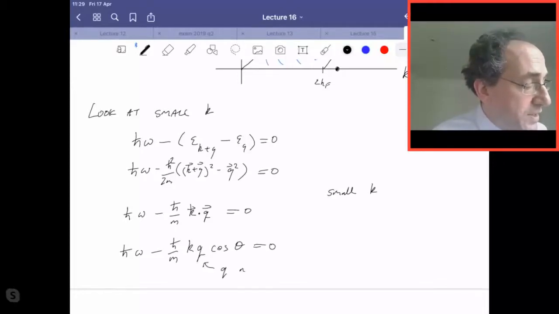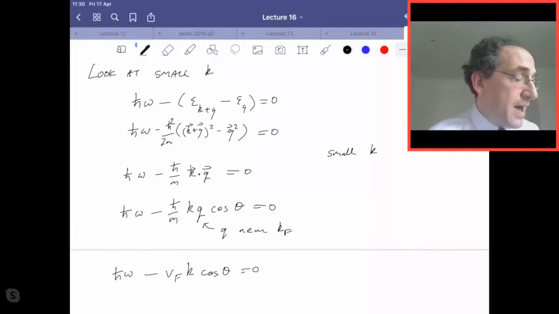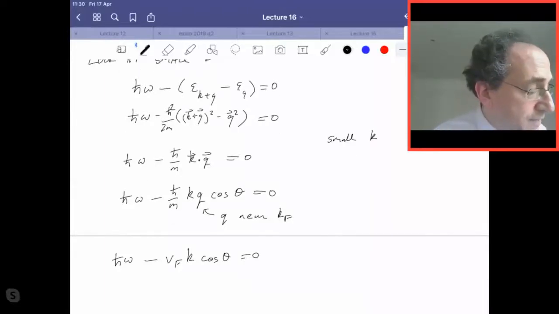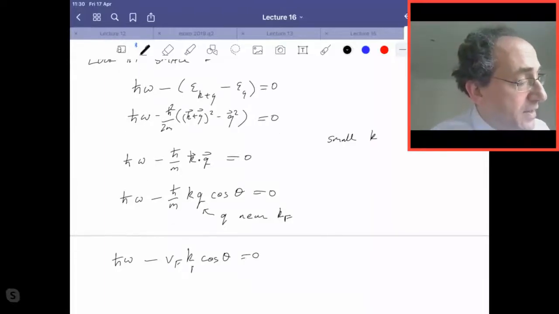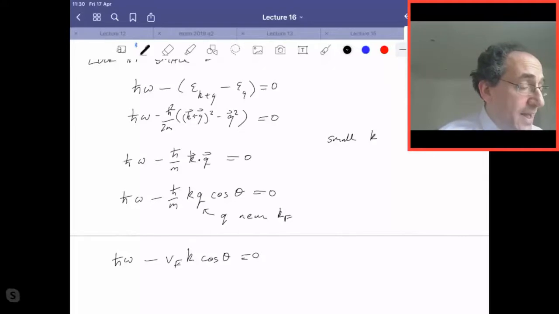Q near kF. So I can replace this with h bar omega minus vF k cosine theta has to equal 0, and that means that omega cannot be greater.